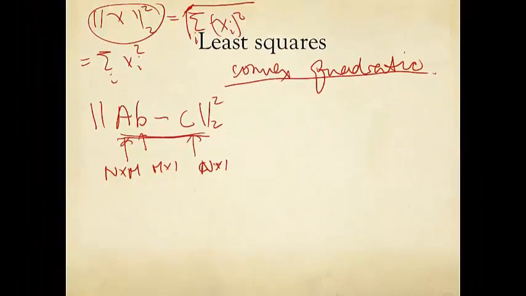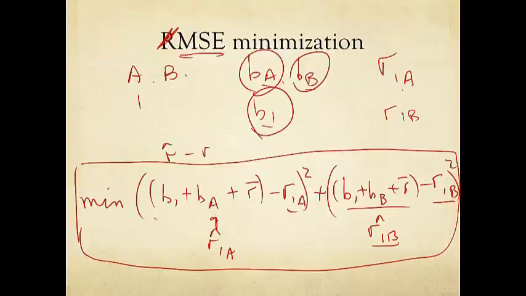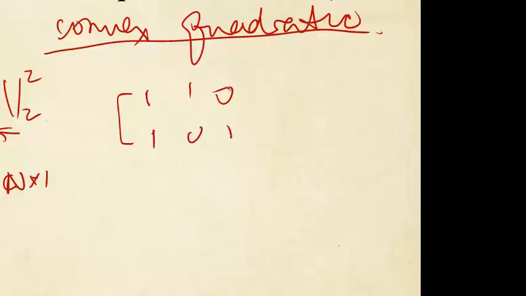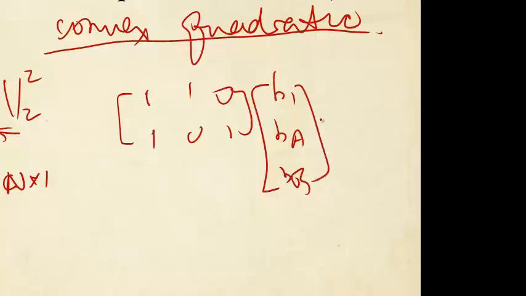In the particular case we just saw, we can also write this problem, minimizing this expression, in this standard form. It looks a little weird, but you will soon see it's all right. The matrix is 1, 1, 0, 1, 0, 1. The variable vector is b1, ba, bb, and the constant vector is r1a minus r bar, r1b minus r bar.